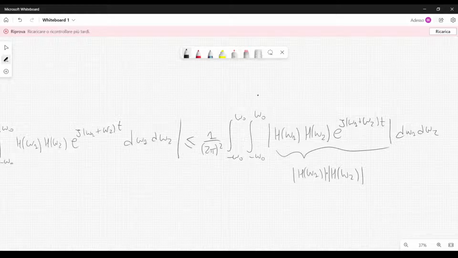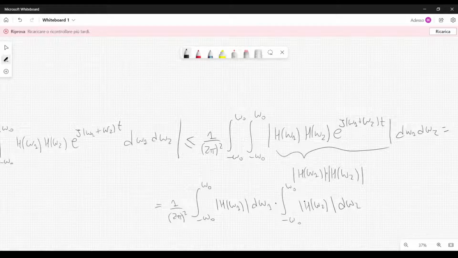And now here you can easily see that this is equal to 1 over (2 pi) squared. We can factor the two integrals because they are independent. So we have the integral from minus omega naught to omega naught of the modulus of h of omega 1 d omega 1, which multiplies the integral from minus omega naught to omega naught of the modulus of h of omega 2 d omega 2.